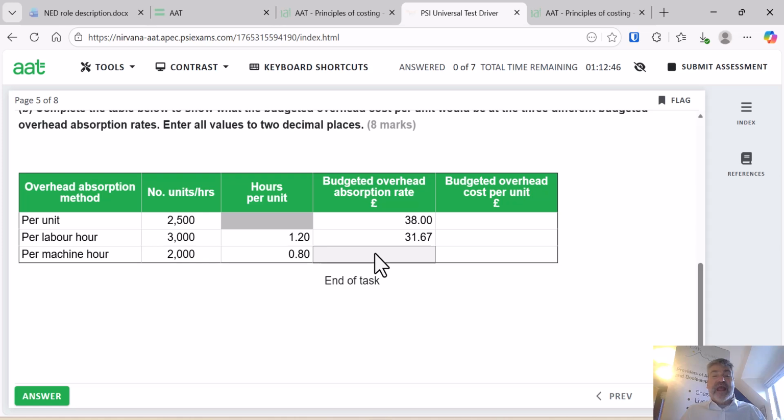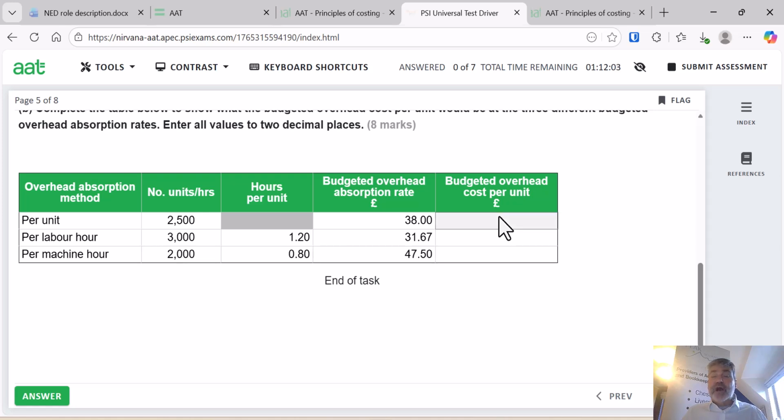So for every hour of labour worked on a cost unit, we will absorb or charge £31.67 of overhead. What about the overhead absorption rate per machine hour? Take the budgeted overhead costs, 95,000, divide by the budgeted total machine hours, 2,000, and that gives us £47.50 for every machine hour worked on a cost unit. We will charge £47.50 of overhead.